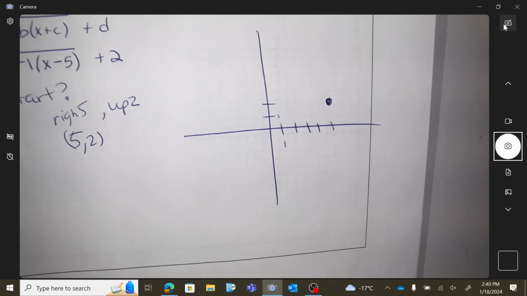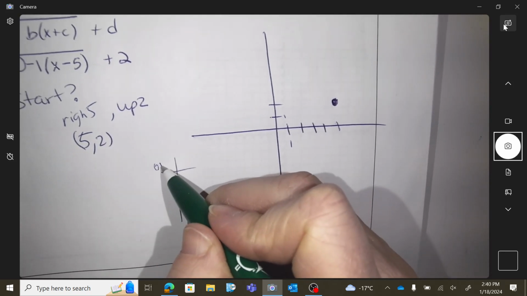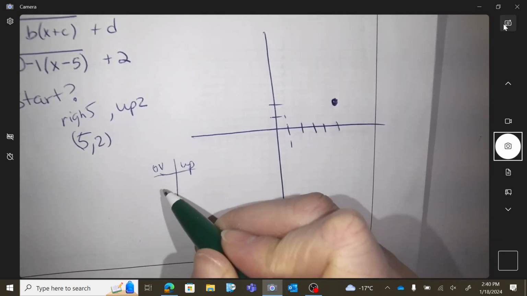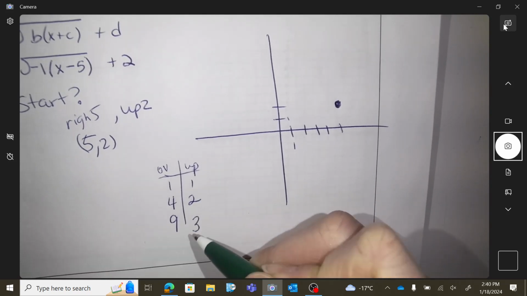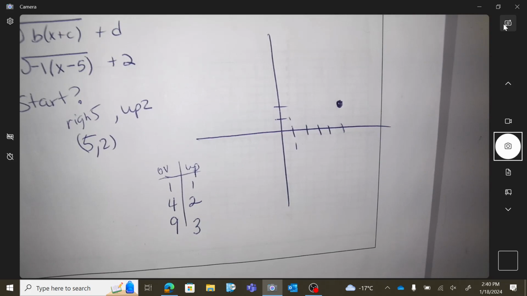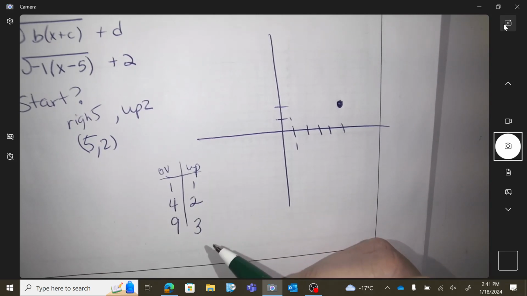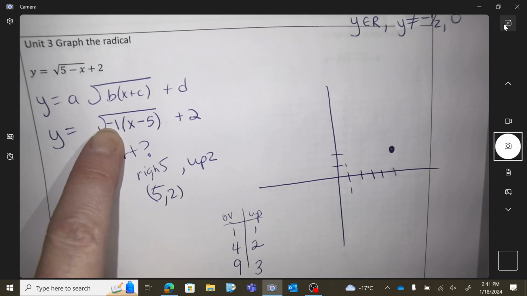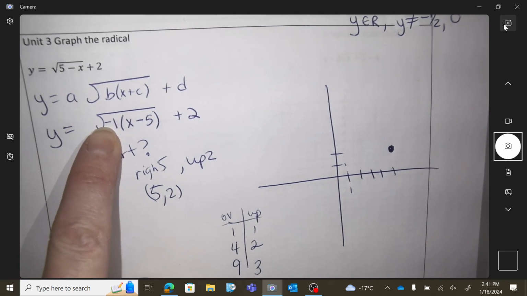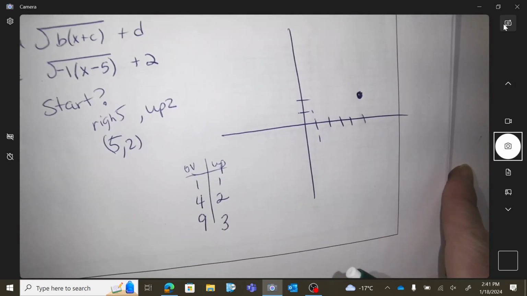How do radicals move in a pattern sense? Over, up: 1, 1, 4, 2, 9, 3. Right? The flipped of what squared is? Square root. Okay, I'm not going to do this though. Why? Because there's a b. What does a b value do in this chart?